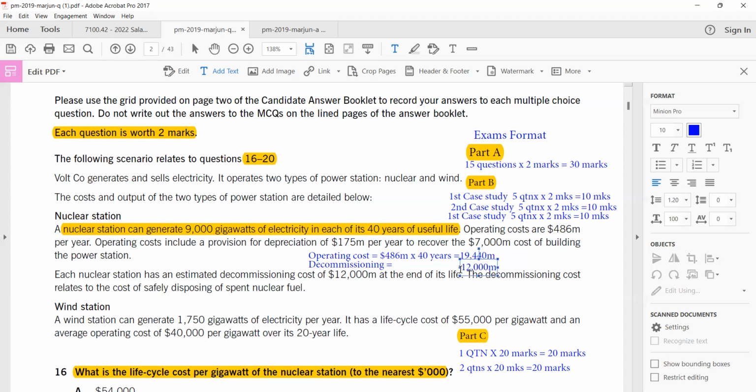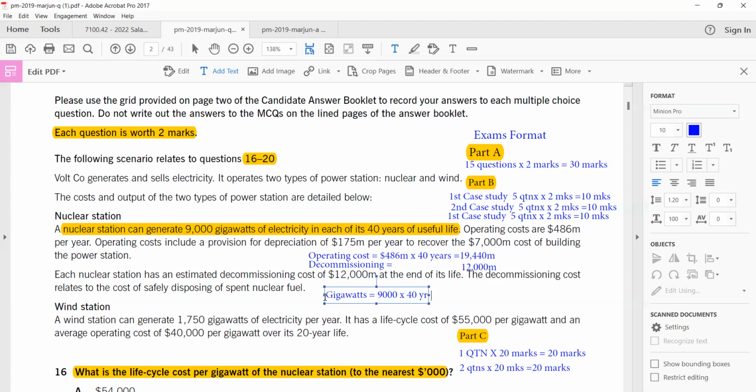Then they talk about the cost of a gigawatt. They said 9,000 gigawatts of electricity in the 40 years. So we can estimate the gigawatts: we have 9,000 times 40 years.